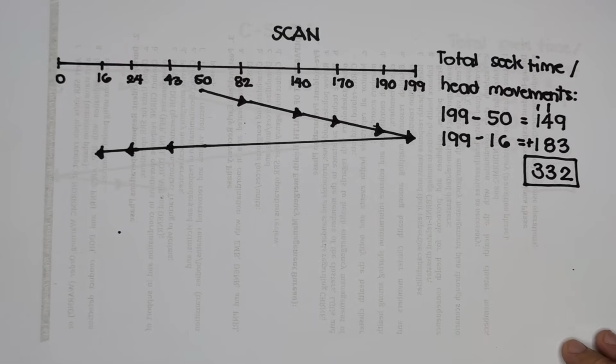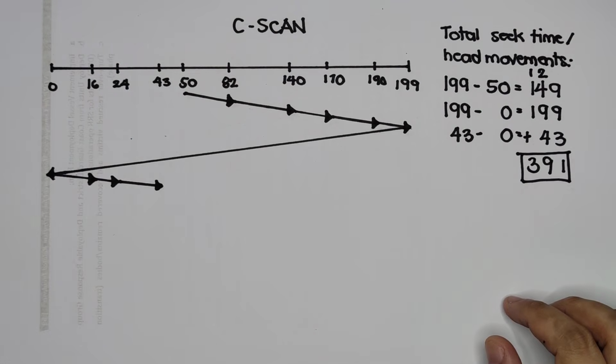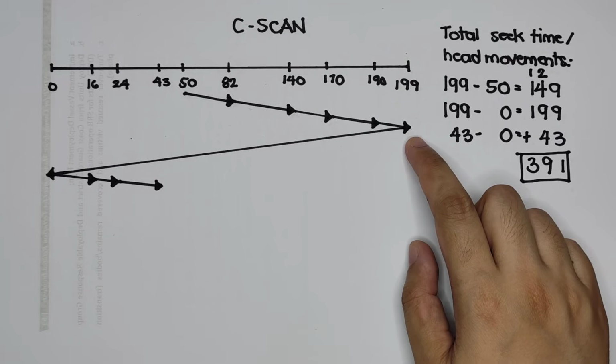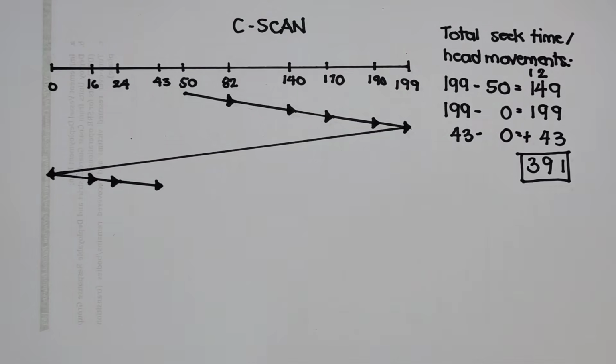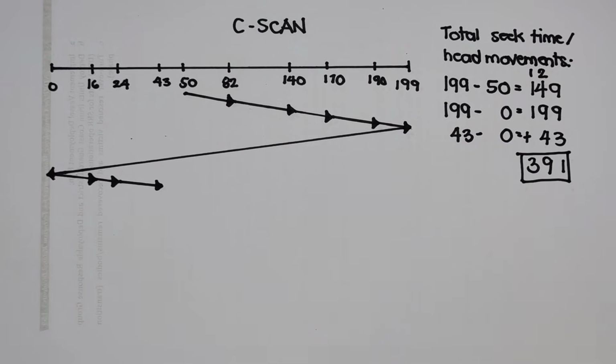You have to understand where the read and write head is going. Is it going to the higher value or to a smaller value? And then of course for C-scan the difference is that going to the other end of the disk, it will go to the other side. So for this example, we have 199 going to 0.